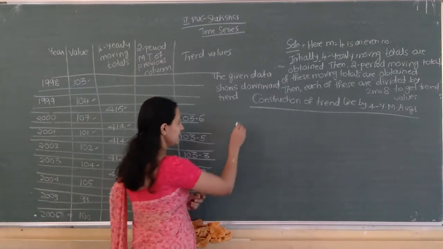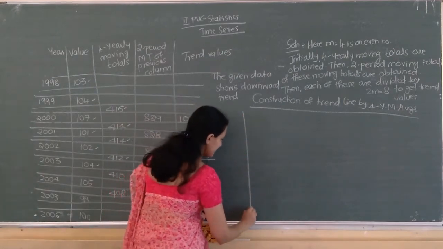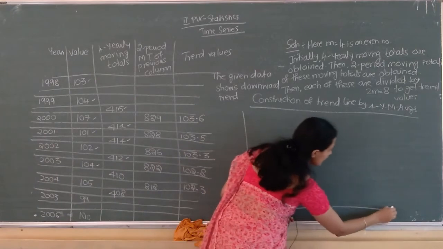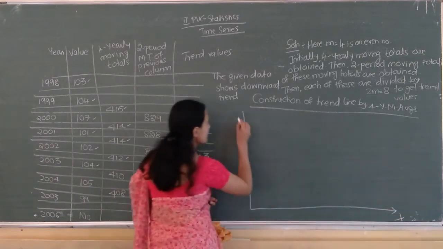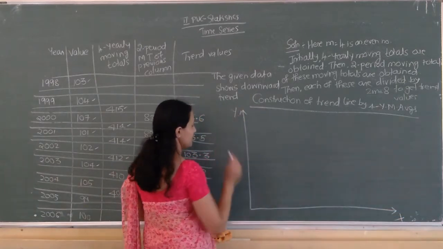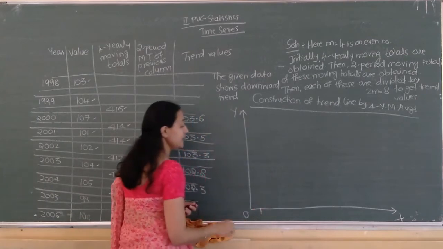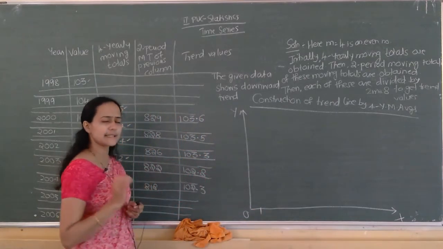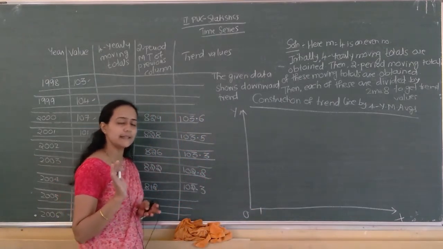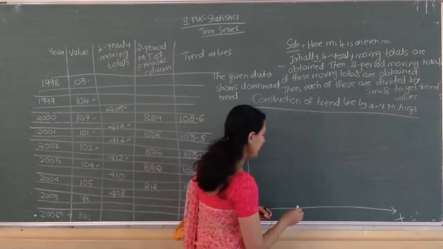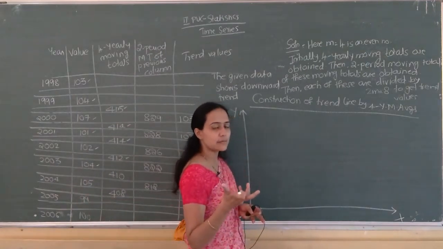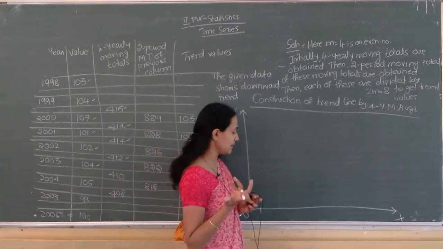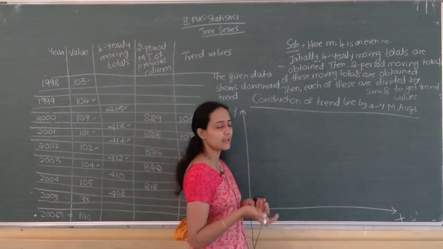Next, mark the x axis and y axis. Here it is 0. Here year. Along the x axis every time we are taking year or time, whatever time may be given, sometimes days. So time we are taking along the x axis.